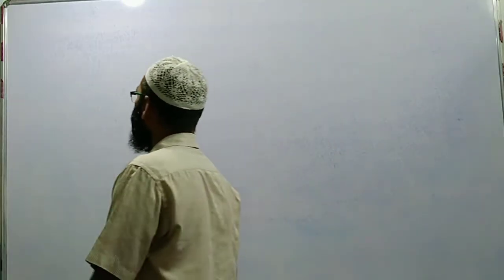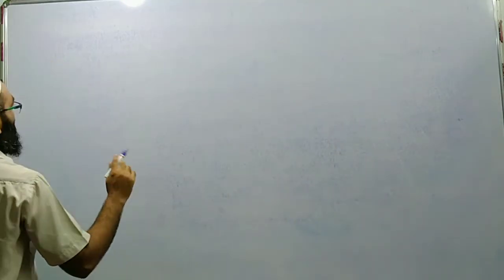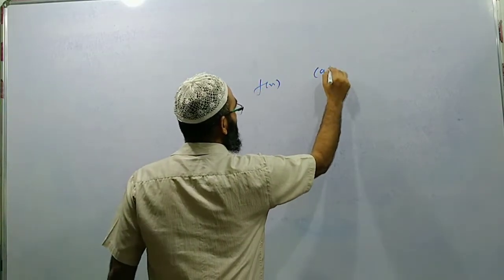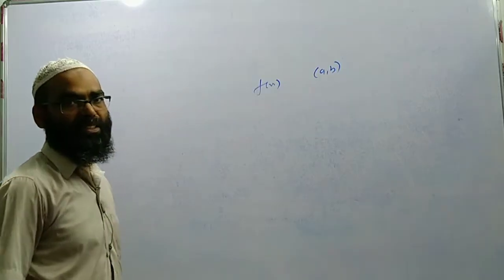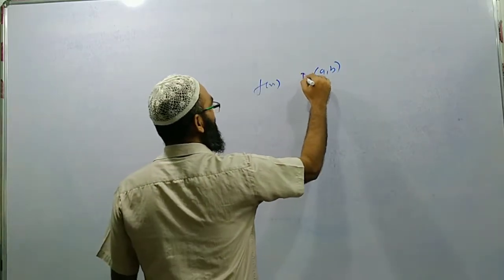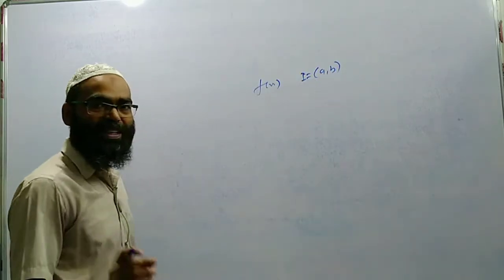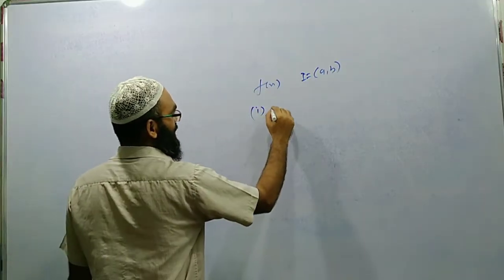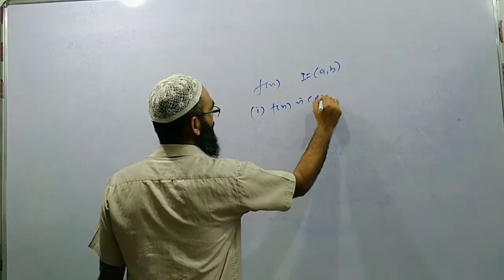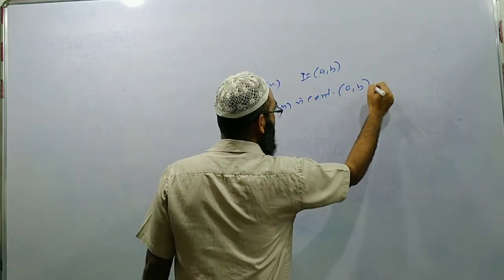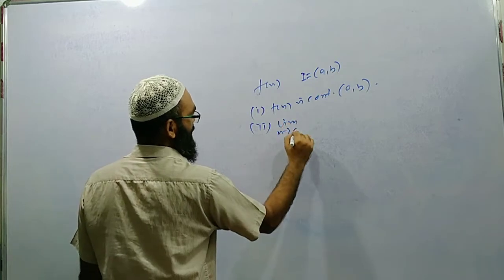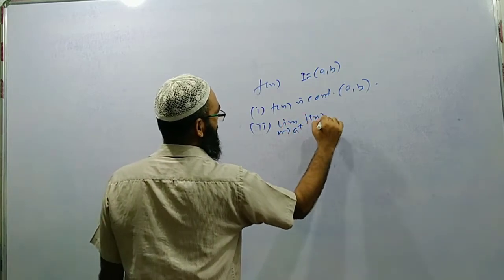Next, consider a function f(x) and the open interval (a, b), that is here I equal to the open interval (a, b). If f(x) satisfies these conditions: condition number 1, f(x) is continuous on the open interval (a, b), and condition 2, limit x tends to a plus of f(x) exists.